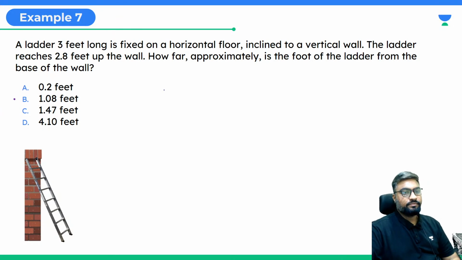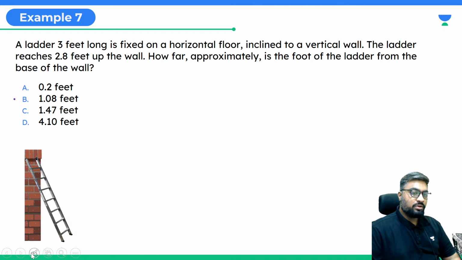Others? Sahil is also saying B. Very good. So what are they saying? A ladder 3 feet long. So there is a ladder.